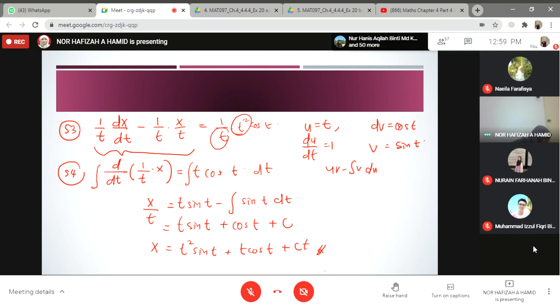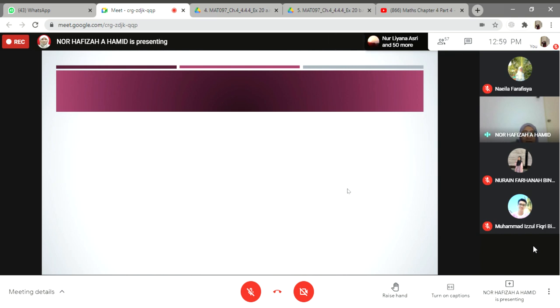Okay, tapi dia ada bagi initial condition, so you boleh substitute je. So initial condition dia is x equal to pi and t also equal to pi.